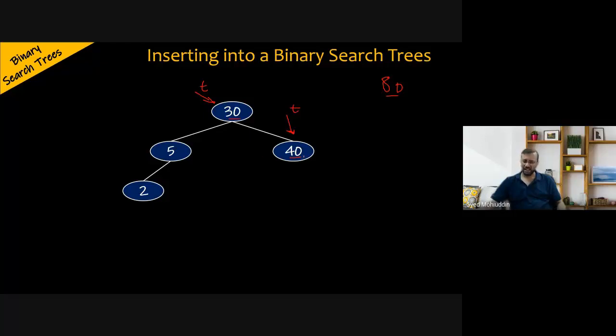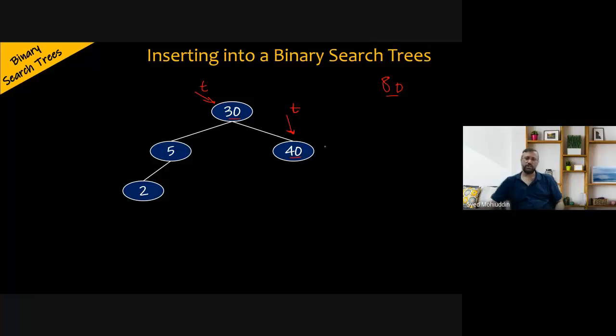Is it equal to? No. Is it less than? No. It is greater than. So that means this t should move to the next node. But when it moves to the next node, what happens is it will be pointing to none.